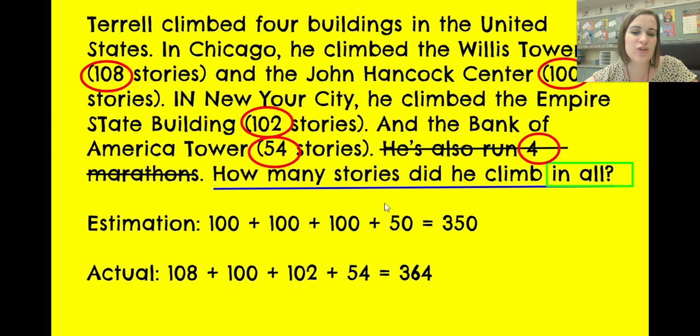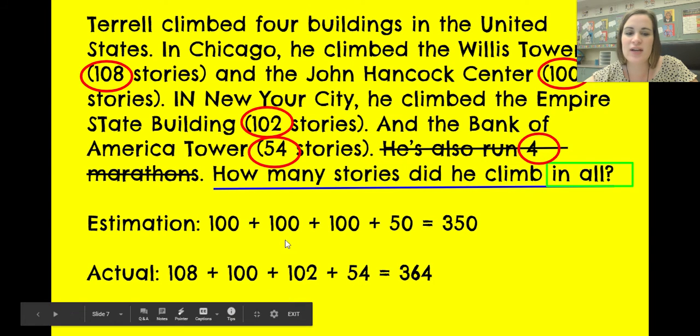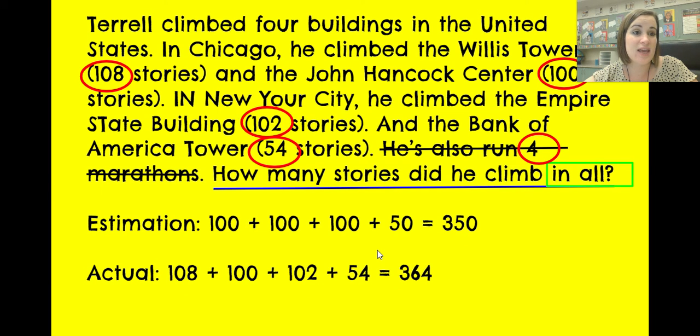So if I added all those together, my estimation would be about 350 stories. And then I need to think, does that make sense? If I looked at the actual 108 plus 100 plus 102 plus 54, that would equal 364. So my estimate is pretty close. So I would say, yes, my answer makes sense.